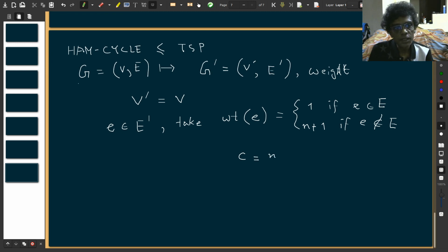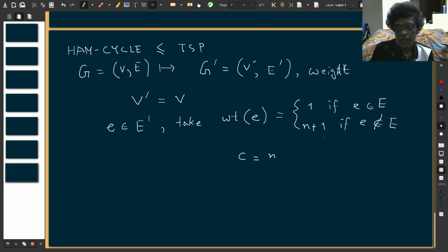Now you see that G contains a Hamiltonian cycle if and only if there exists a Hamiltonian cycle here of cost n. A Hamiltonian cycle of cost n uses only the edges in the original graph E. If you include any edge outside this E, the cost becomes at least n plus 1, bigger than n.